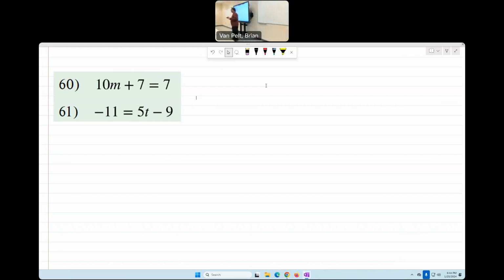As you can imagine, your homework assignment has about 1,000 of these things. Number 60. Let's take a look at it again. This is a two-step process. We want to make sure the M is all by itself when all is said and done. Can you tell me what the first step would be?